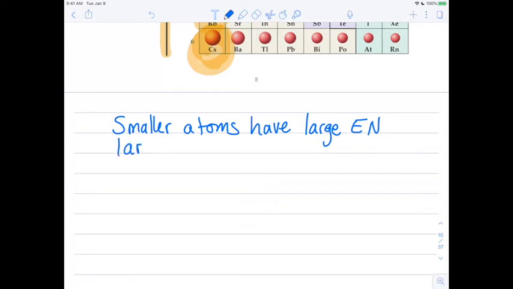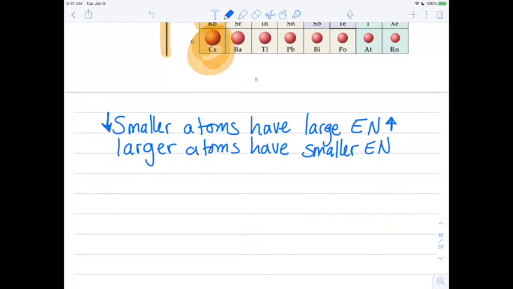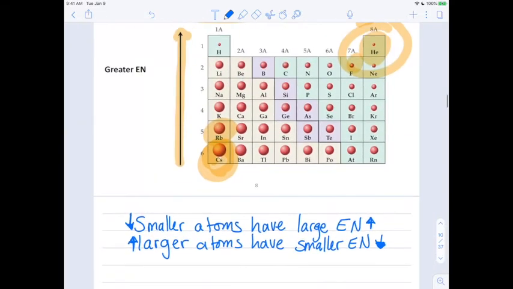And our larger atoms have smaller electronegativity. So in terms of what we learned for noble gases, we would call this an indirect or an inverse relationship. So if you have a small atom, you have a large electronegativity. If you have a large atom, you have a small electronegativity. Okay, so questions on anything here?